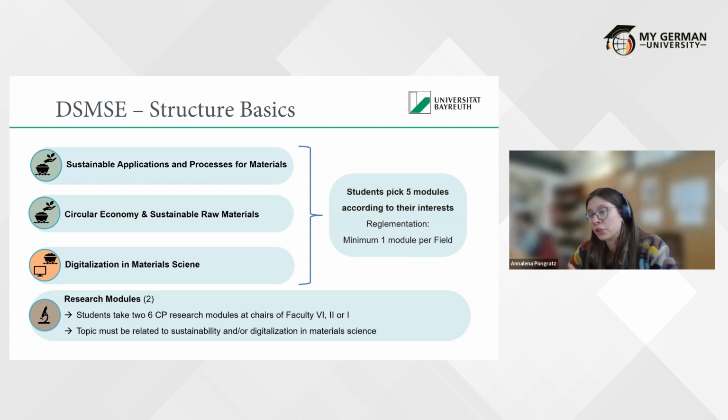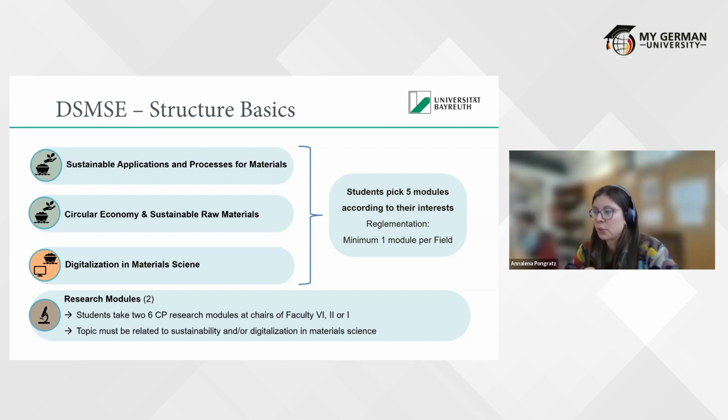You also have to do 2 research modules within the advanced module, which will get you 6 CPS from either of the faculties engineering science, mathematics or physics, or chemistry and biology. You can choose the topic from a department where you want to go to.